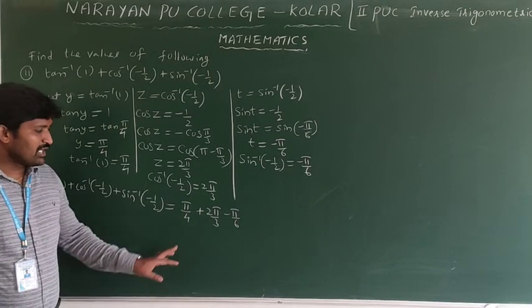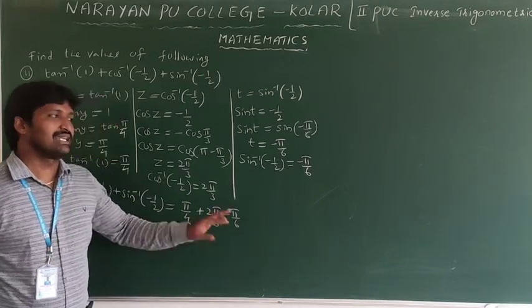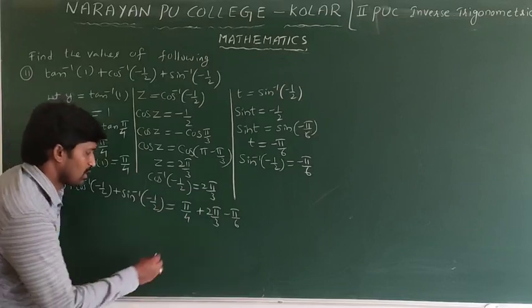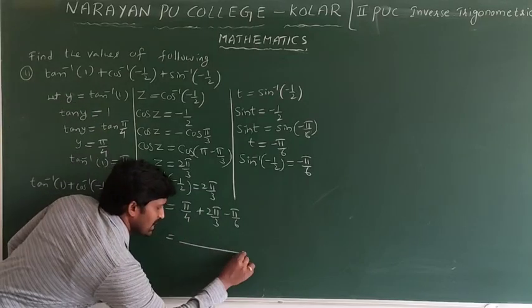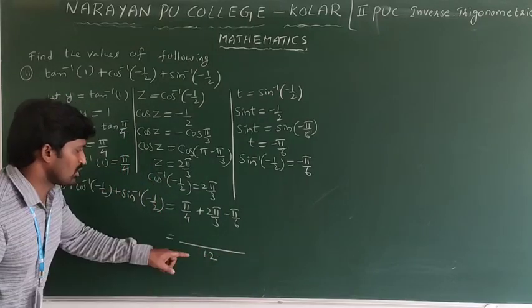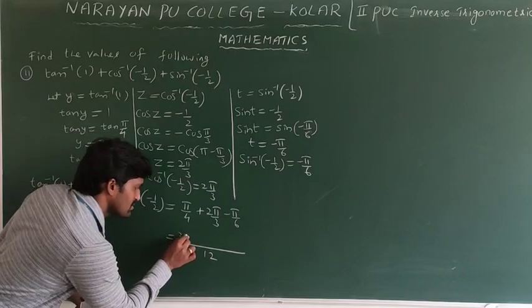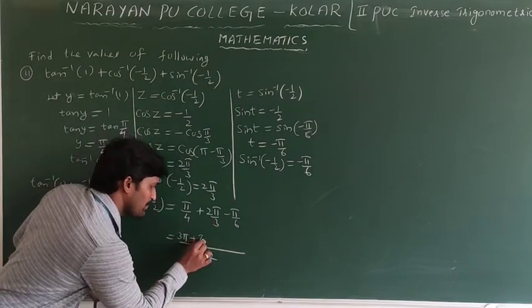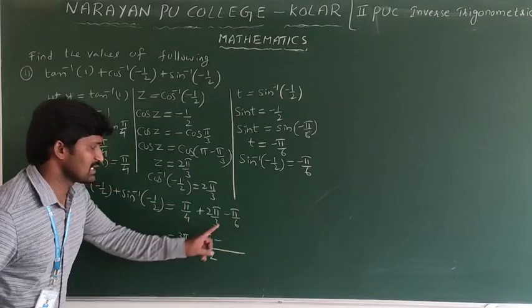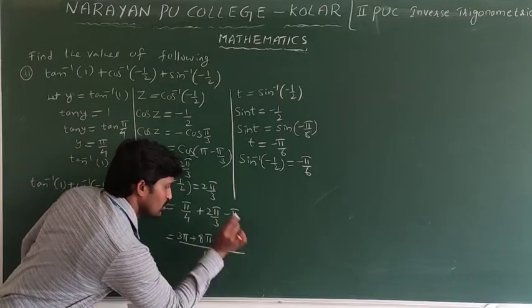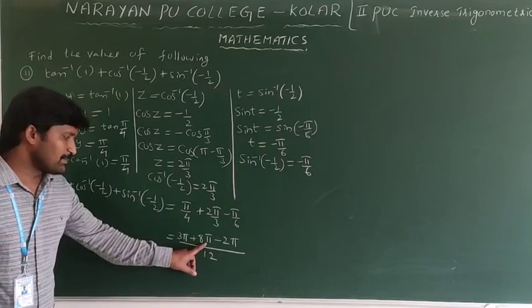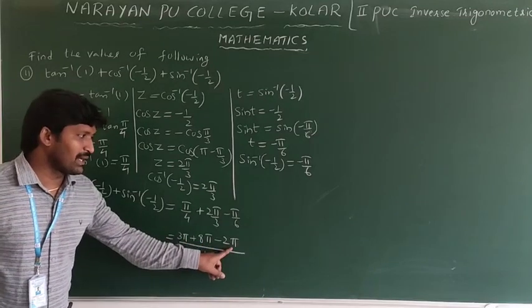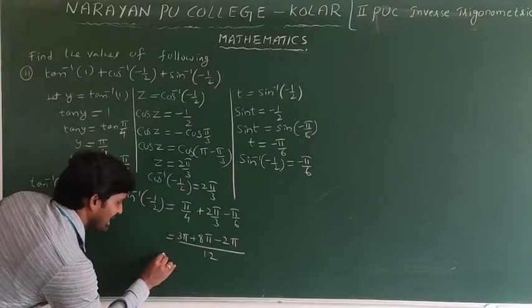It is 12. Take 12 as the LCM. 12 means how many times? For 4, 3 times. For 3, 4 times, 4 twos are 8 pi. For 6, 2 times, so minus 2 pi. Now 3 pi plus 8 pi is 11 pi, 11 pi minus 2 pi is clearly 9 pi.